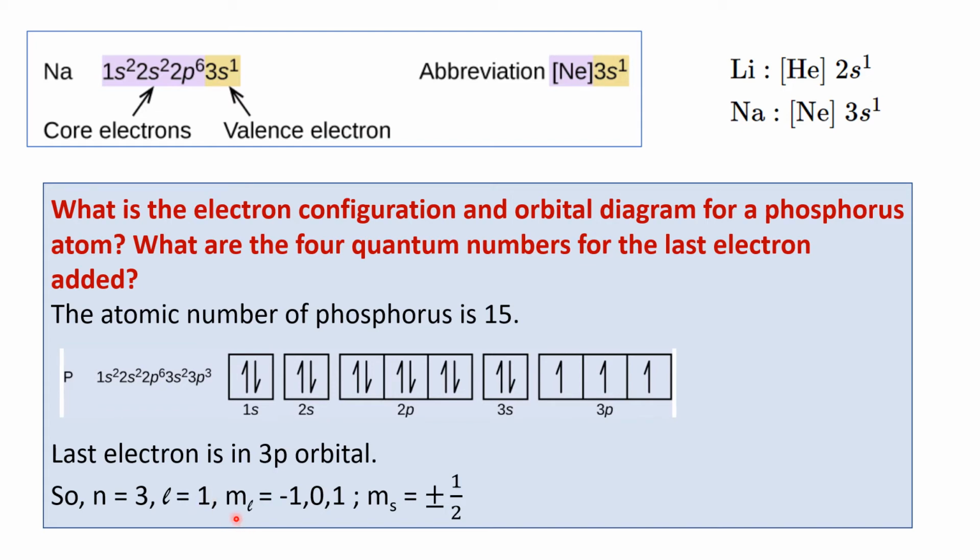Then ml is the magnetic quantum number, so it would be -1, 0 and +1, because ml ranges from -l to +l. And then ms, the spin quantum number, would be ±1/2. If you want to know more about the quantum numbers, you can again watch part 1 of this topic, and you will get a lot of idea about the quantum numbers and how to write those.